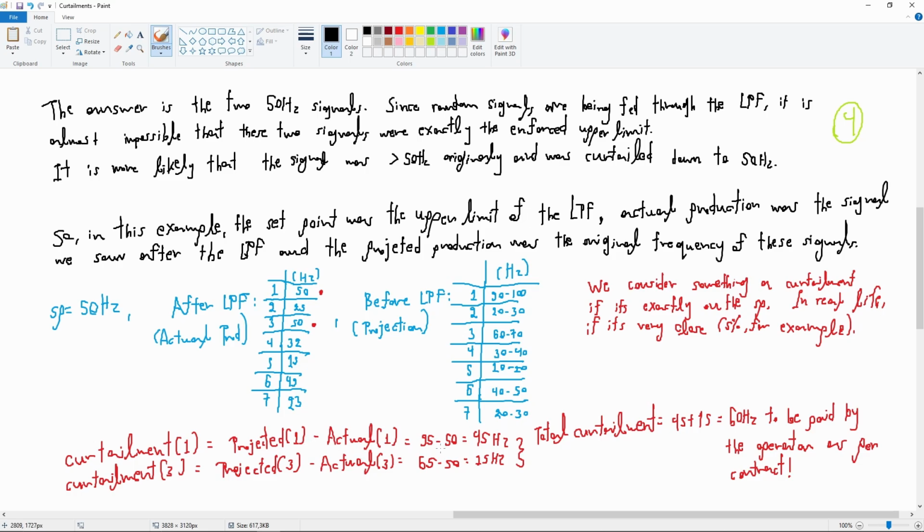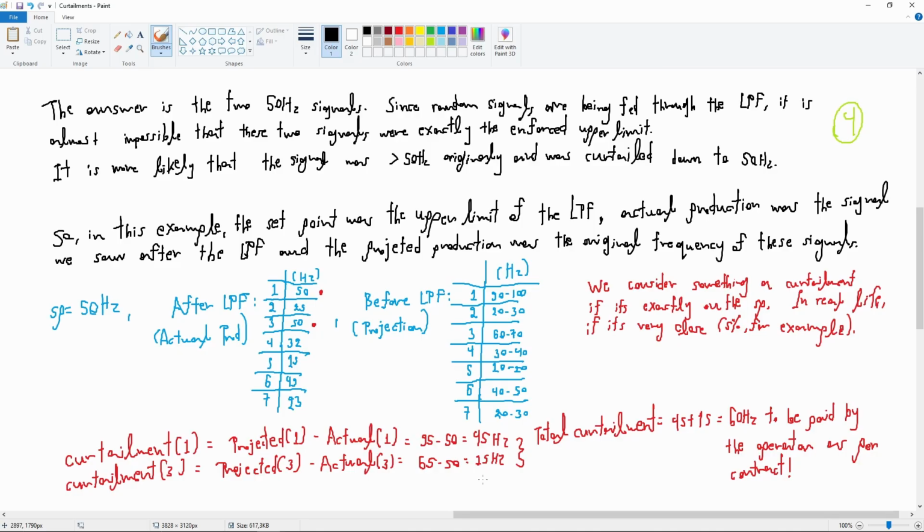So 95 minus 50 hertz equals 45 hertz. The curtailment of the third signal was similarly 65 minus 50, 15 hertz. So the total curtailment was 45 plus 15 equals 60 hertz.